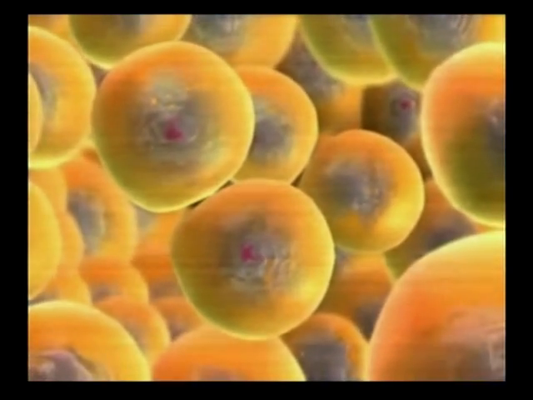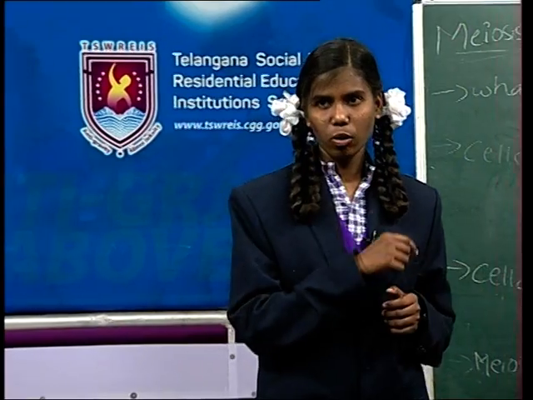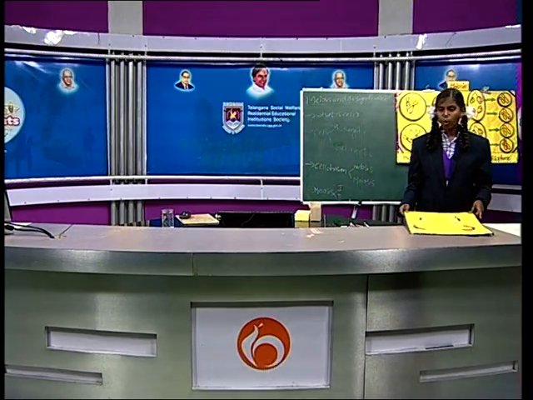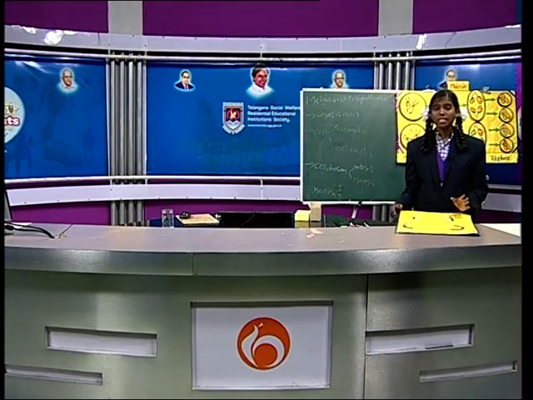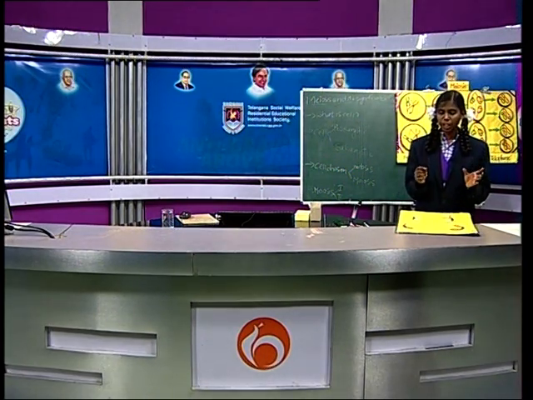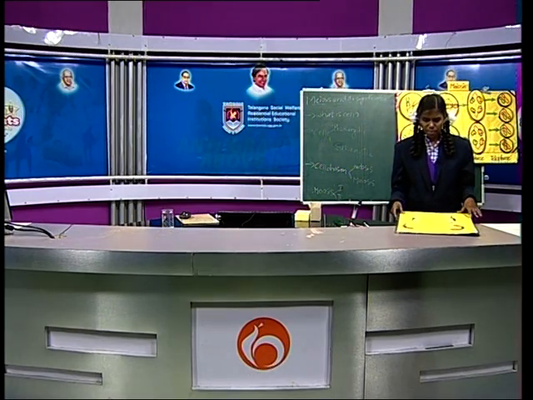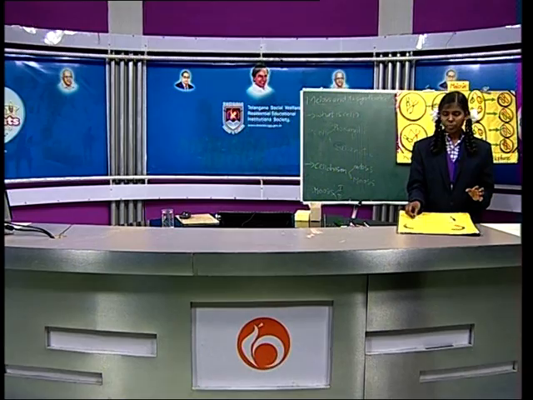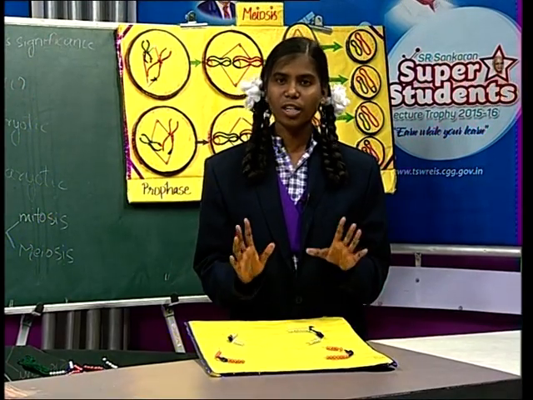So friends, now let us see a small demo. Here is a small demo of meiosis in which genetic recombination occurs. These are the chromosomes. Here there is only one, we can say it is a homologous chromosome.